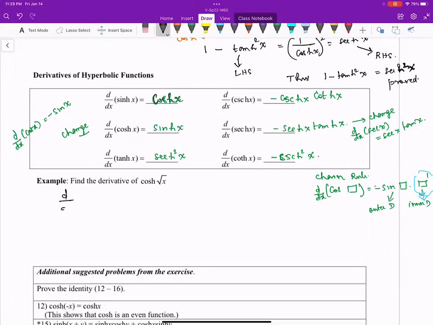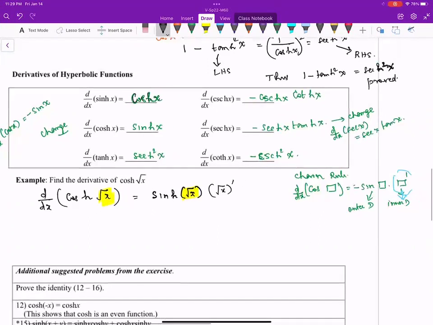So the question is d by dx of cosine hyperbolic root of x. So consider root of x as your box. So it is outer derivative, which is derivative of cosine hyperbolic, which is just sine hyperbolic. Keep the inside as is. Then derivative of the inside, derivative of the box.